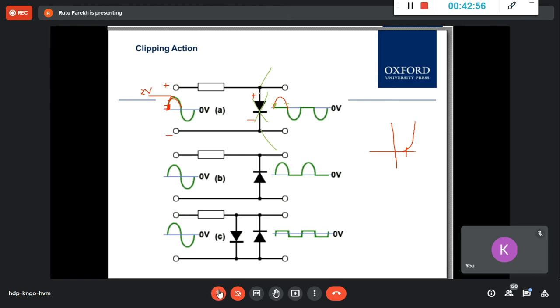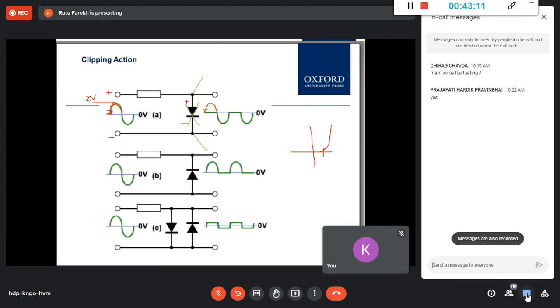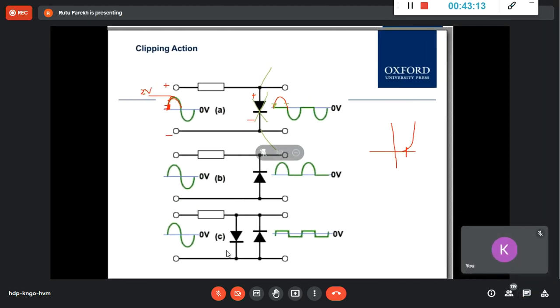So when it is conducting, what will be the voltage drop? 0.7 across the diode, it will stay 0.7 only. I told you that the diode's voltage drop will remain 0.7 regardless of how the voltage varies here. The diode is fixed, its nature is fixed. It will not change irrespective of the voltage here. Even if it is 100 volt, the drop will still be 0.7 volt only when it is conducting.